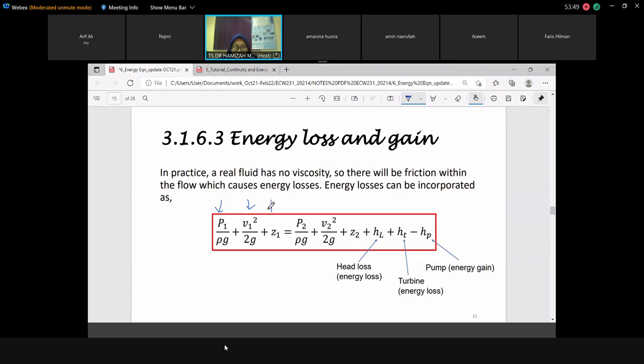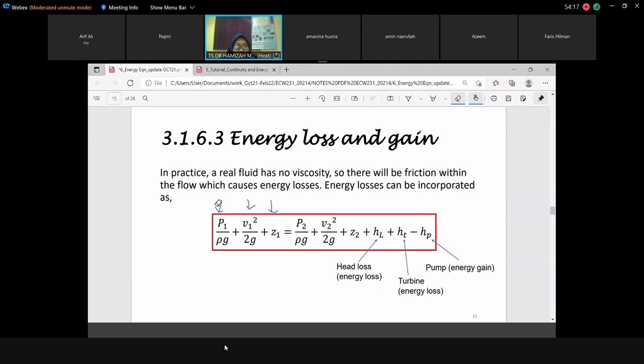Okay, kita akan calculate overall at the end of the part. So you can see here, semua kat bahagian belakang. Okay, that's mean by that one tadi. There is no energy losses for each part, for each kinetic, pressure, potential. Okay, but there is a total energy losses at the end of the calculation.